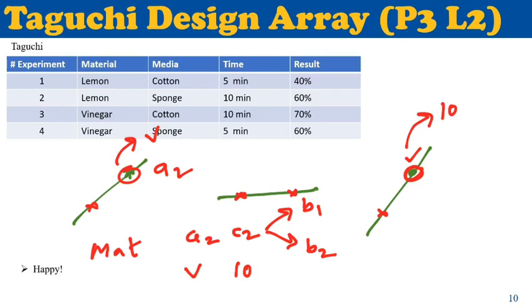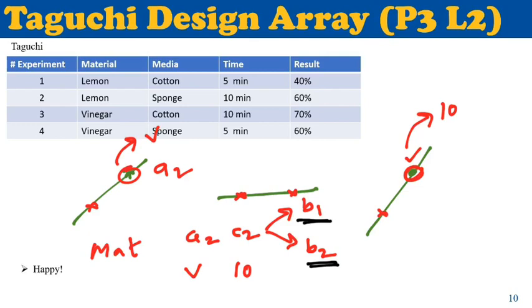Now which one should you decide, whether you should go for cotton or sponge? Take your time and think. Both of them give you the best combination. It depends on your cost or availability. Whichever is available to you at lower cost and easily possible, you can use that.